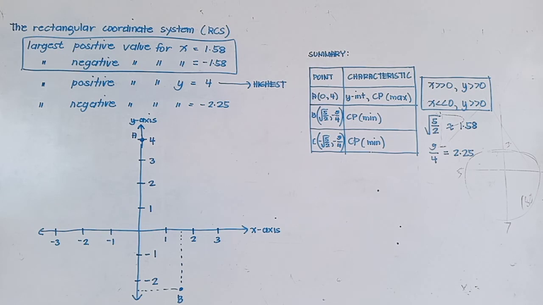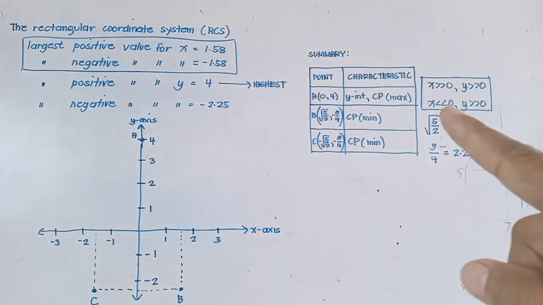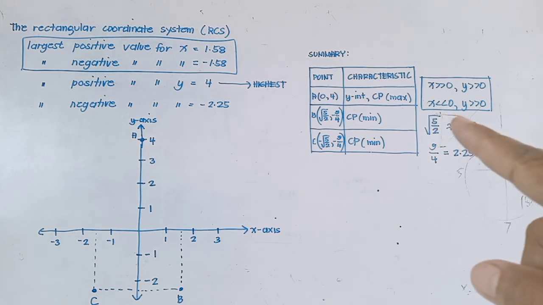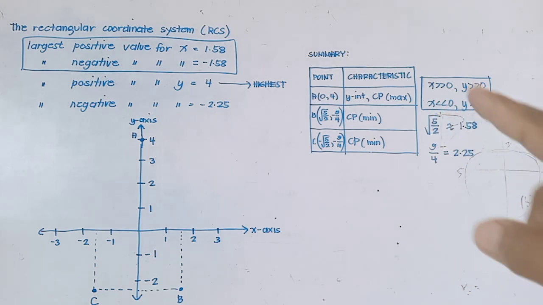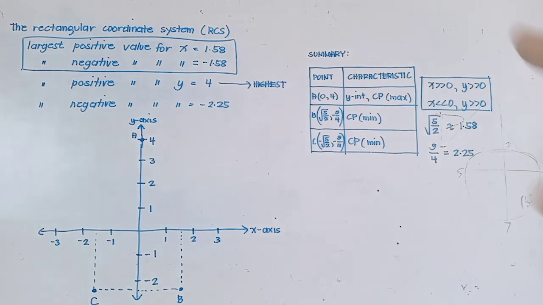Then for point C, that's the location of point C. So point A is really the highest, and at the same time is the y-intercept, so it's a local maximum, while points B and C are local minimum, and after which we will determine the rest of the characteristics of the graph using this generalization we had a while ago.